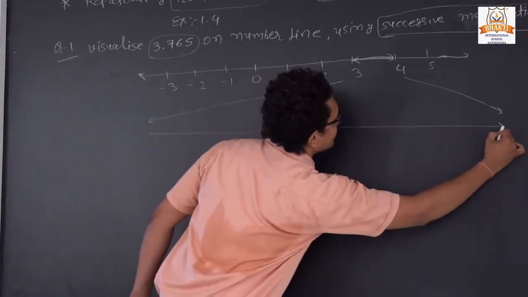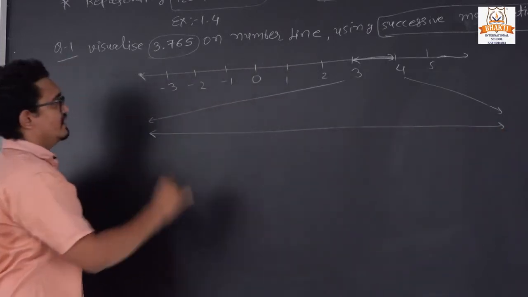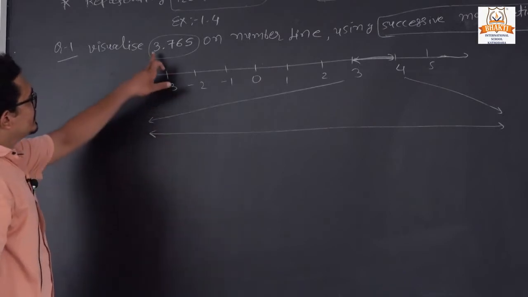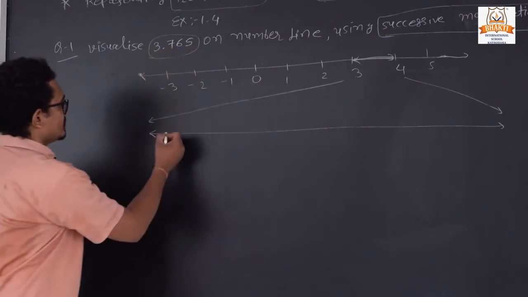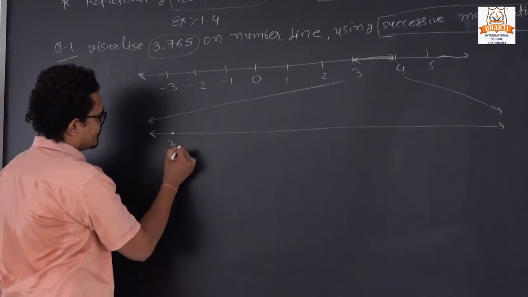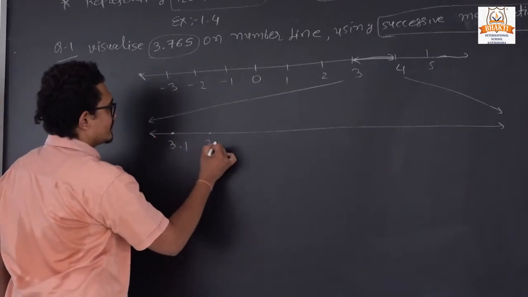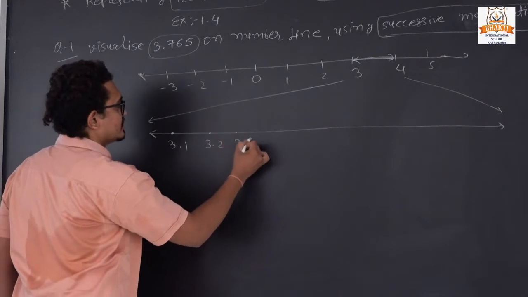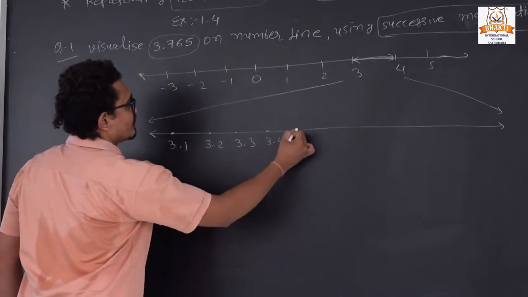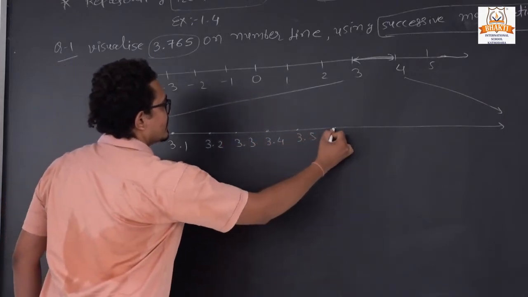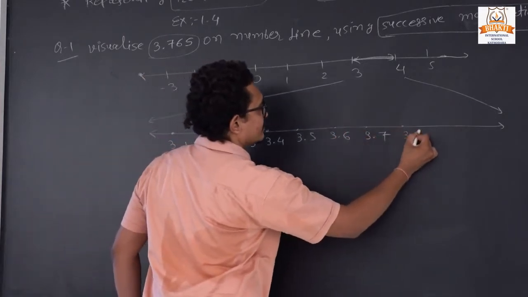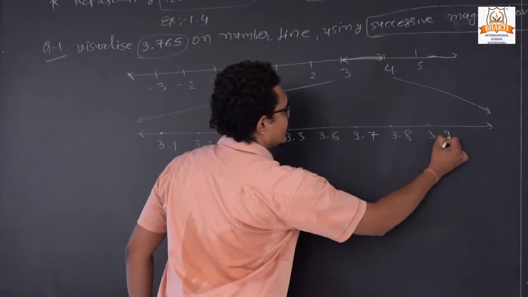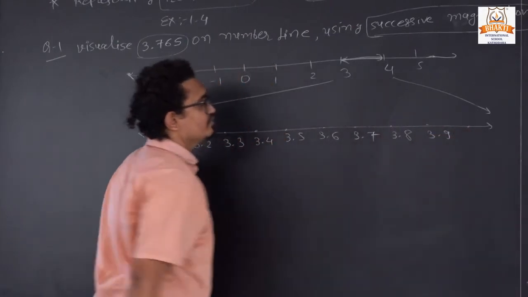Once again we can draw one number line. Now here they are saying 3.765. So we can write 3.1, 3.2, 3.3, 3.4, 3.5, 6 onwards like that, 7, 8, 9, and here we have a 4.